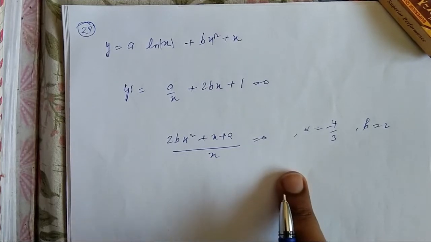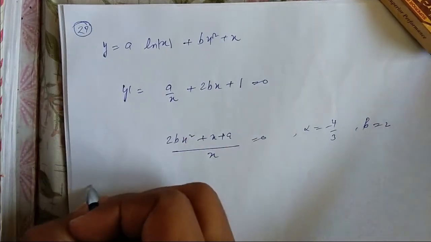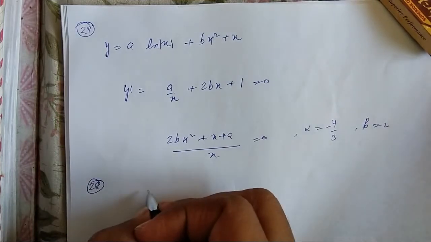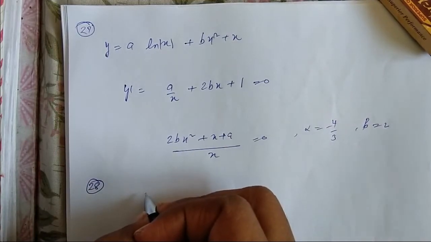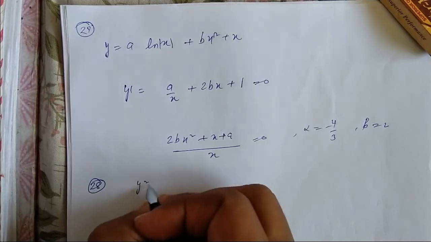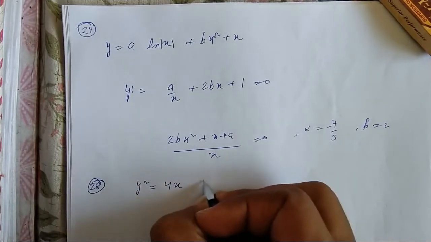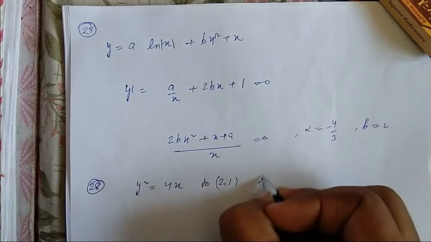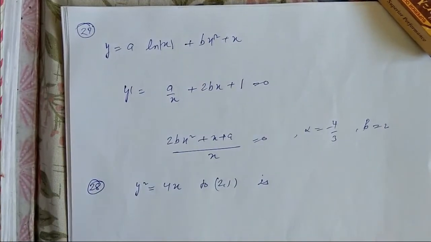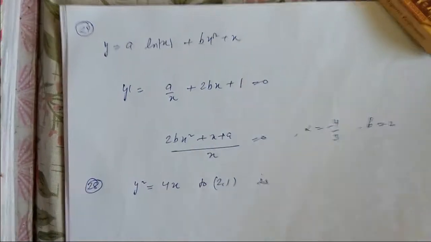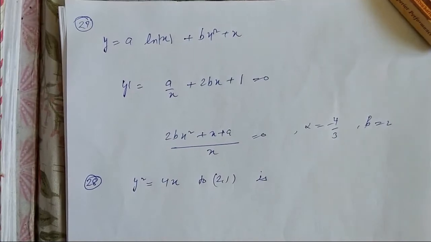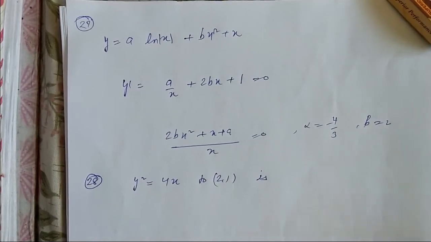Okay, moving on to question number 28. The nearest point on the curve y square equal to 4x to 2 comma 1 is. Okay, so using coordinate geometry we can solve it, as the minimum distance lies along the normal.